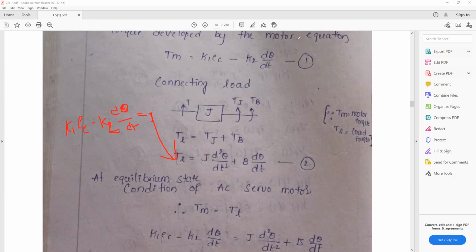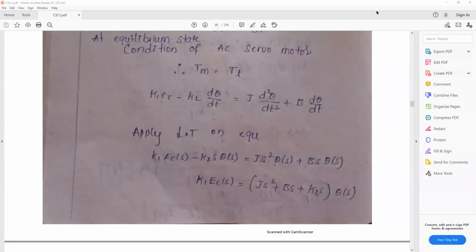So apply Laplace transform on equation 1.